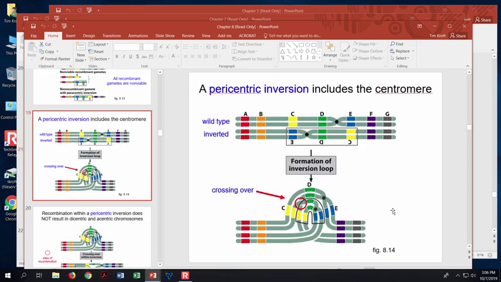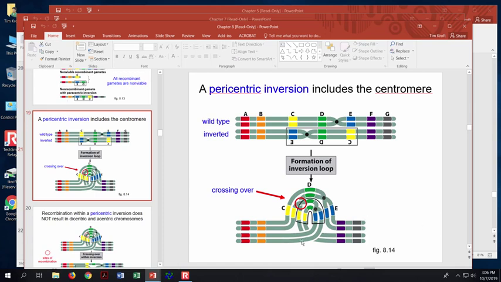So you said pericentric with an I, right? In a pericentric inversion, the centromere is inside the region where the break and inversion occurred. Just like with the paracentric, if you get a single recombination event within the inversion, you can be in trouble because of the inversion loop.